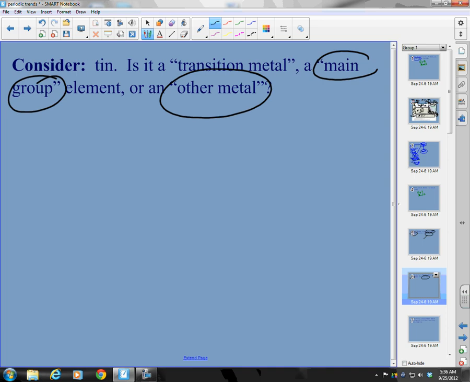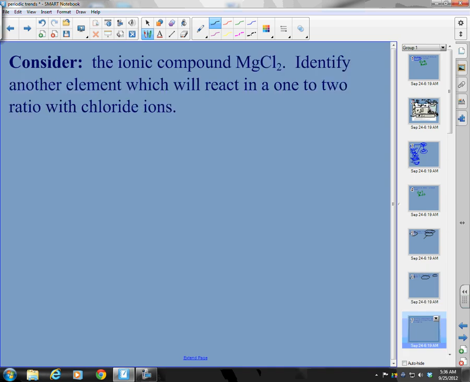Whew, great. All right. Moving on, consider the ionic compound MgCl2, magnesium chloride, right? Identify another element which will react in a 1:2 ratio with chloride ions. Well, what did they tell me?